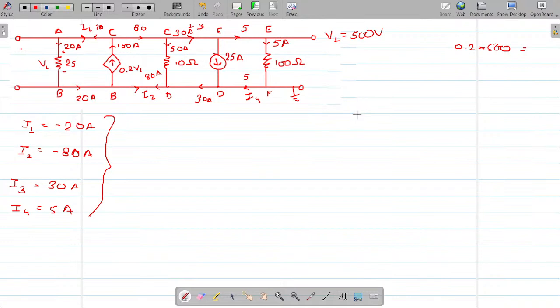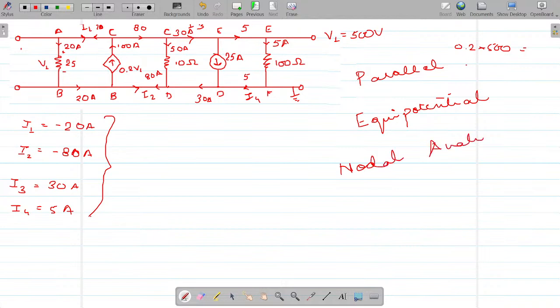The important concept was what? Equipotential points. It is something that we have done in our childhood also. We know what are parallel points. It was a simple question on series and parallel, but it used your concepts of nodal analysis, and your concepts of dependent sources.